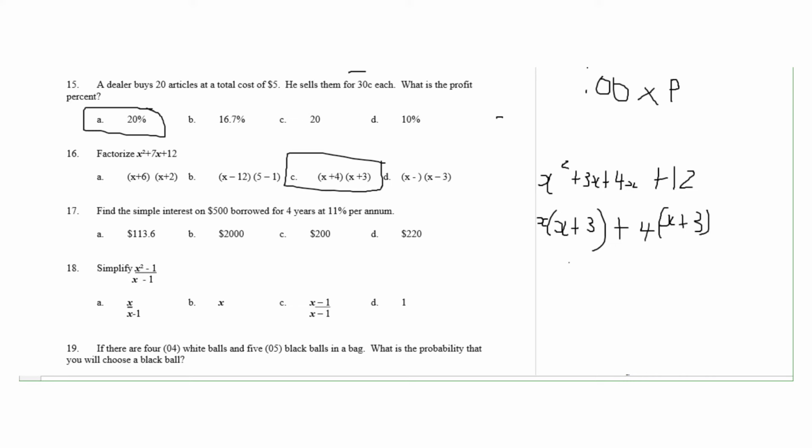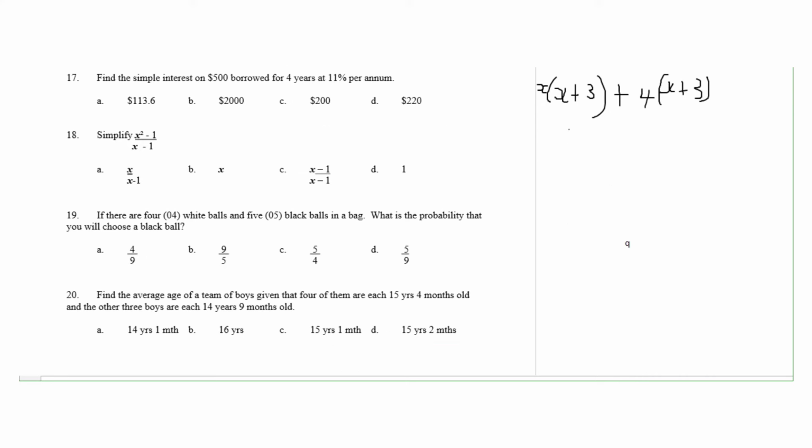The next question is question 17. It's principal times rate times time all over 100.